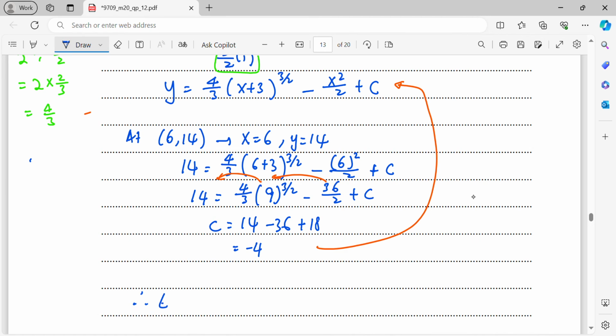So the equation of the curve is y equals 4 over 3 times (x + 3) to the power of 3 over 2, minus x squared over 2, then minus 4. So that's all for this solution.